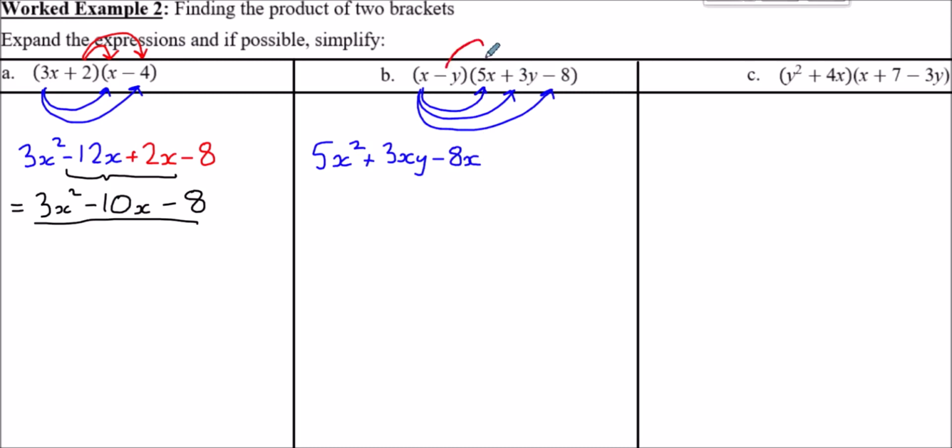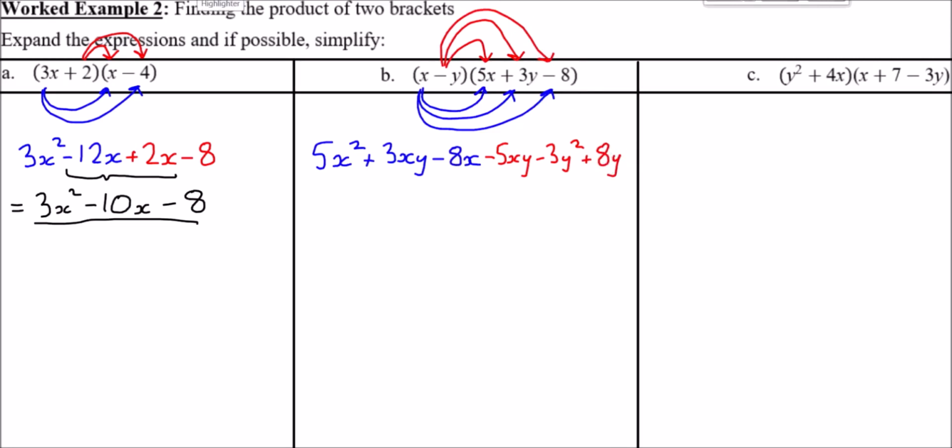Now we do minus y multiplied by 5x, which is minus 5xy. Minus y multiplied by 3y gives us minus 3y squared. And finally, minus y multiplied by minus 8. Minus multiplied by minus gives us a plus, so we have positive 8y.